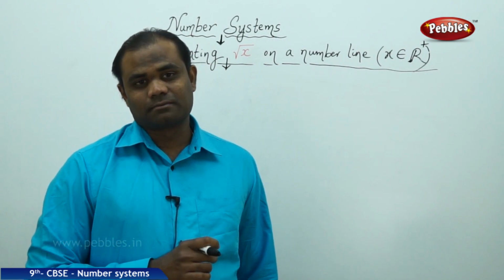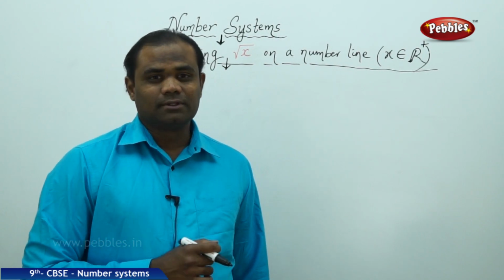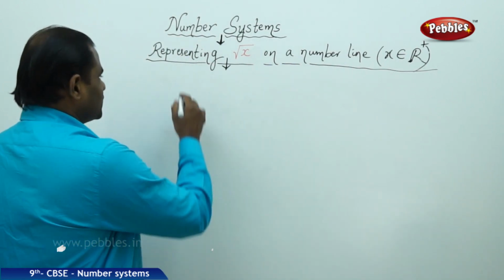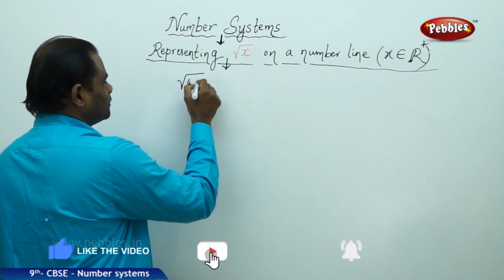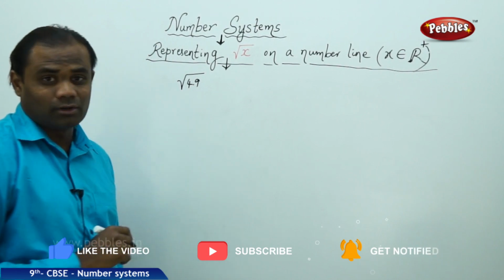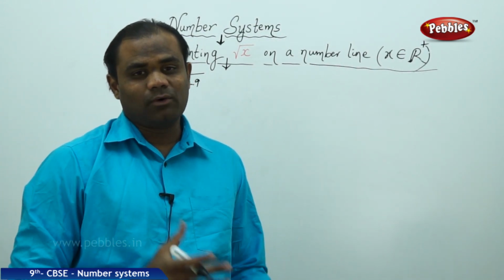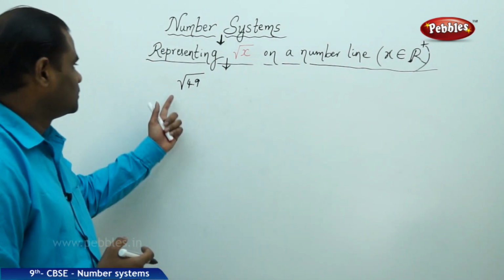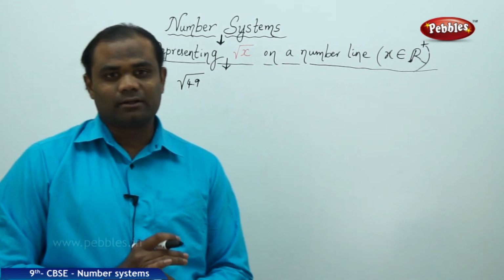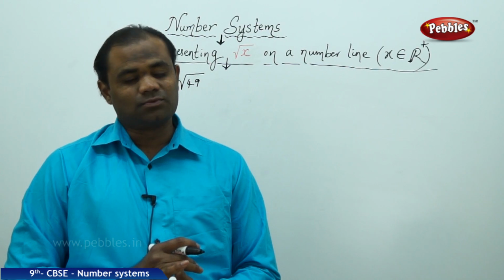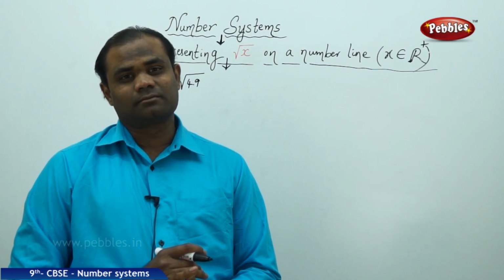If you have a fraction, say something like root of 4.9, which I would like to locate on the number line, then it becomes quite difficult. How I can measure the length of this root 4.9 is the biggest challenge out here.